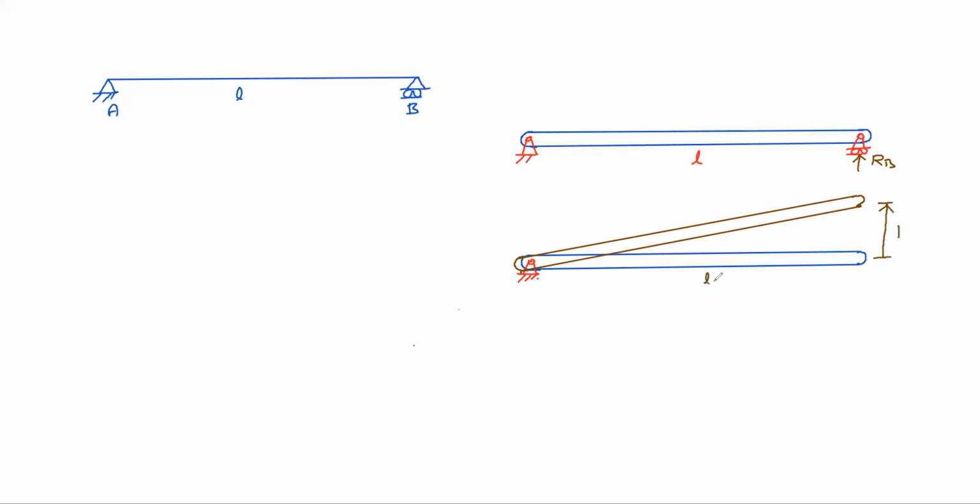This span is L. So obviously the ILD for RB is like this. This is 1 unit, span L, positive. This is ILD for RB. This is Muller-Breslau principle.